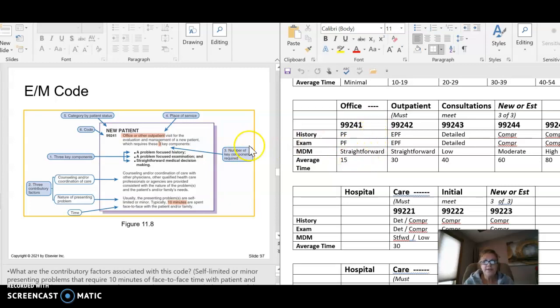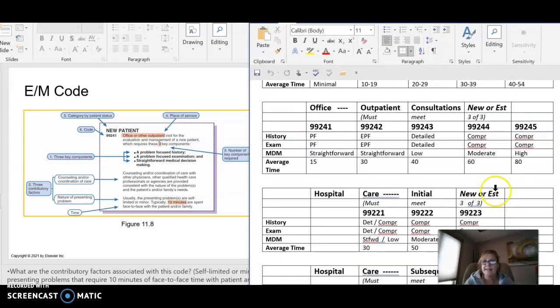With that, one thing to remember, let's pretend that we have another office outpatient consult. The patient comes into orthopedic and the doctor states that the patient had moderate decision making, a comprehensive exam, but only a detailed history, right?